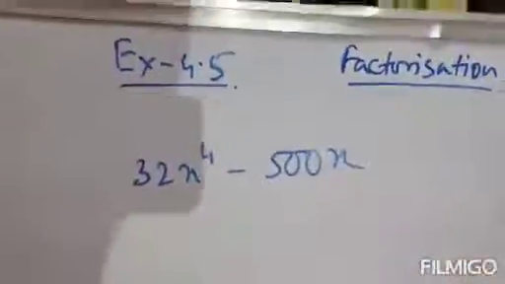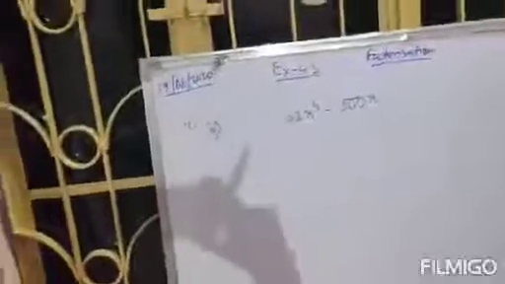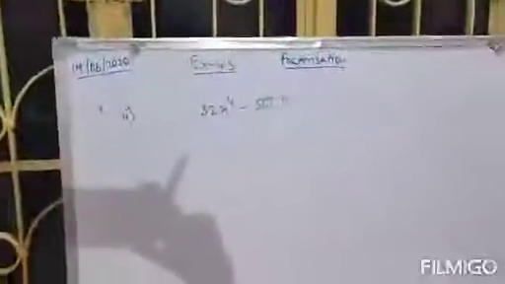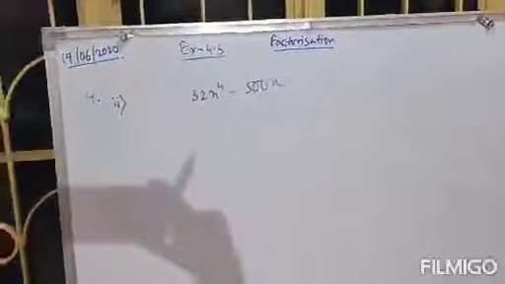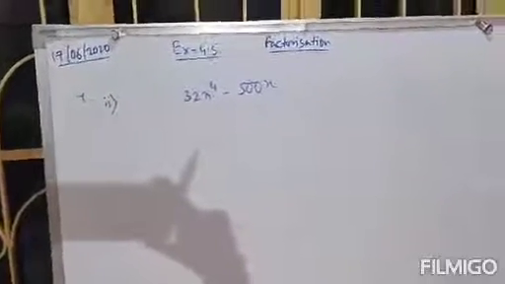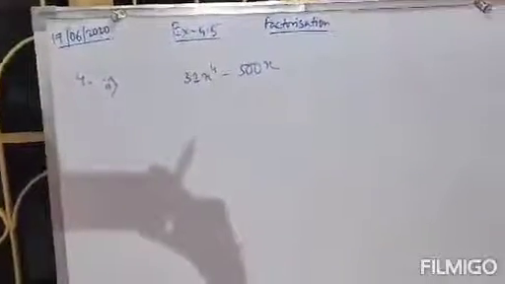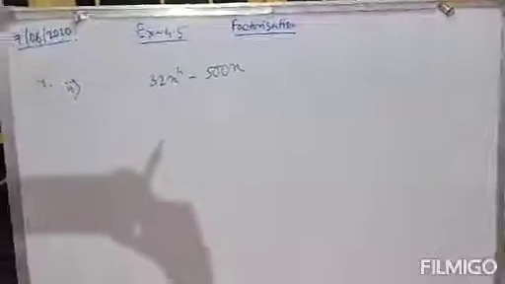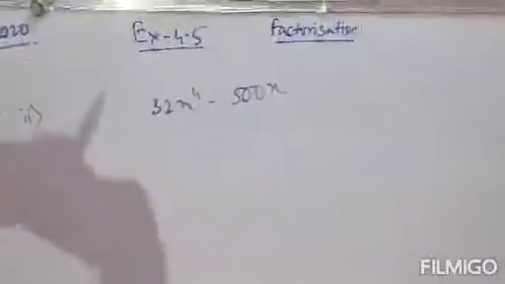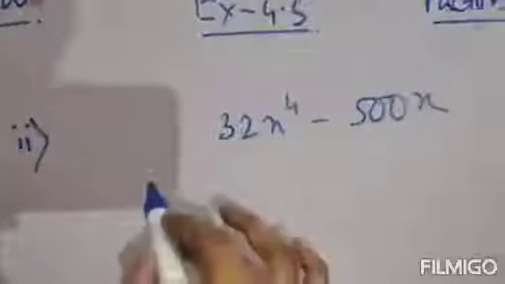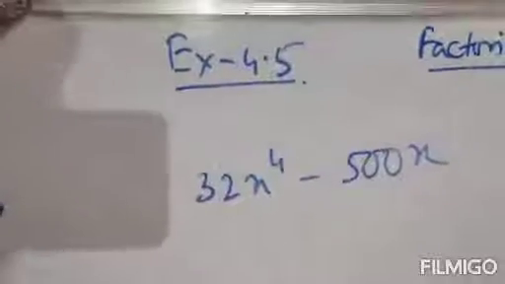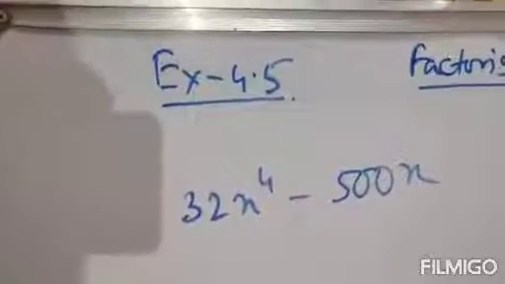Now look very carefully, 32 and 500 are both not the cube of any number. Then we will take the HCF of 32 and 500. Whenever there is a number which cannot be cubed, we will take common, and then the remaining number we will try to solve in a cube form. So if we do the HCF of 32 and 500, your HCF will be 4.